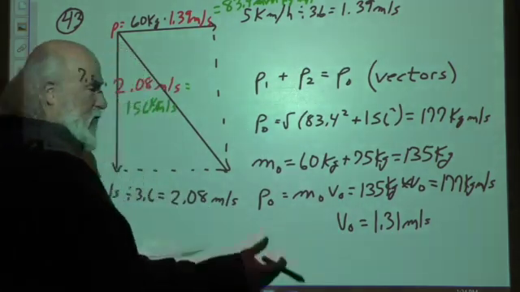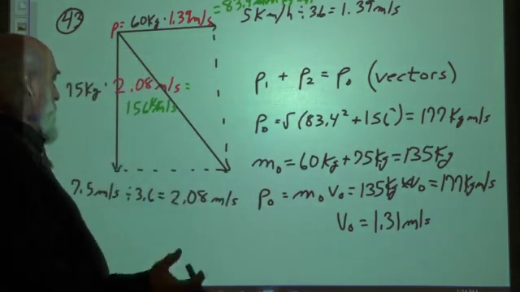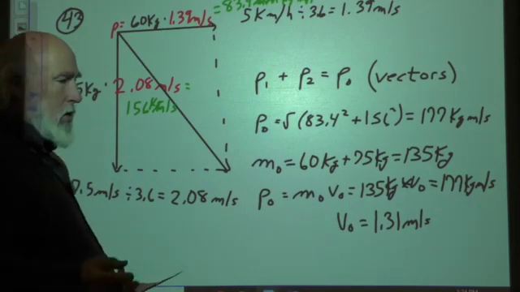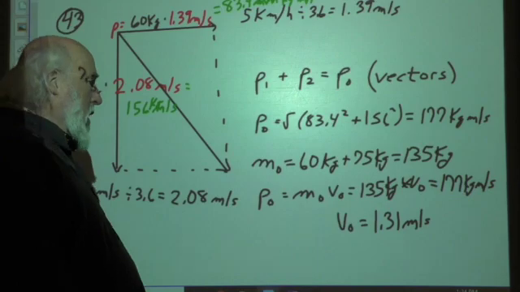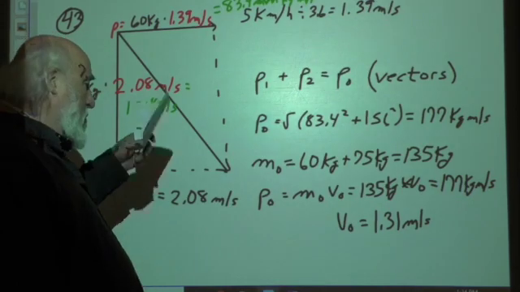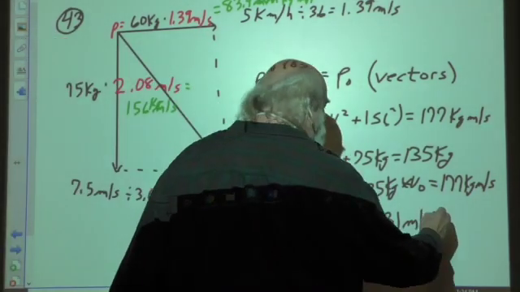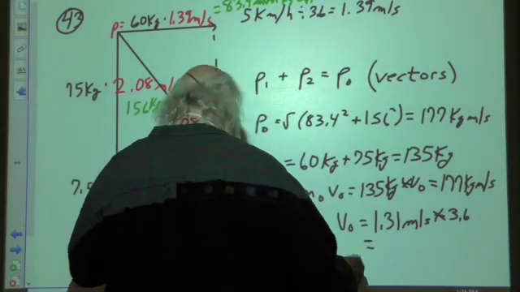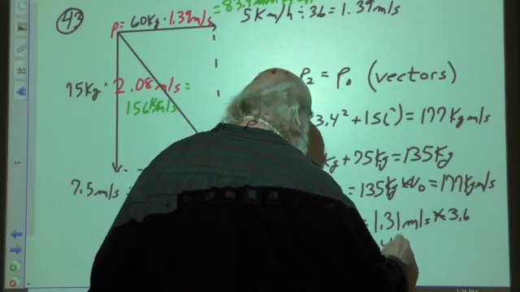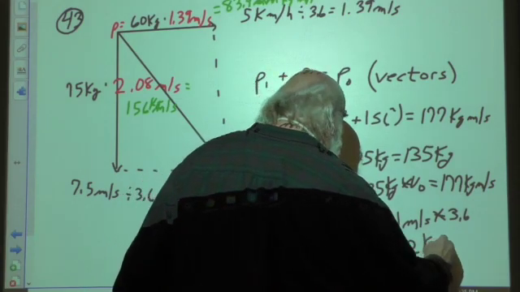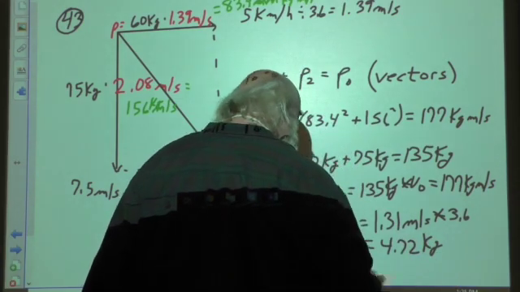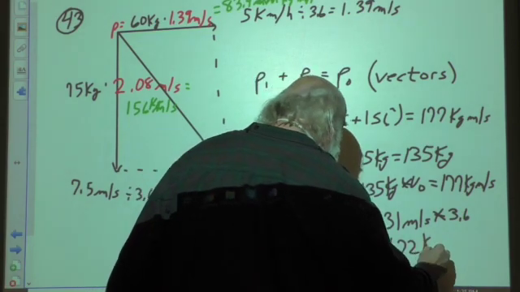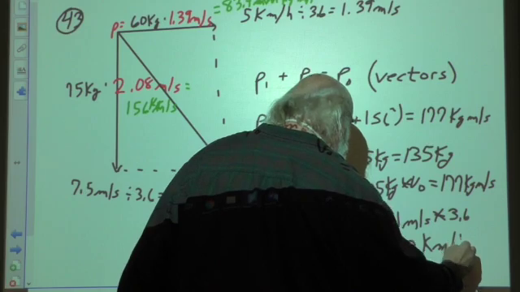Now, that's fine with me. If you left the problem like that, I would have no issue with that in terms of the magnitude. But if you want to go back to the original kilometers per hour, just simply multiply by 3.6, and you're going to get then 4.72 kilometers per hour.